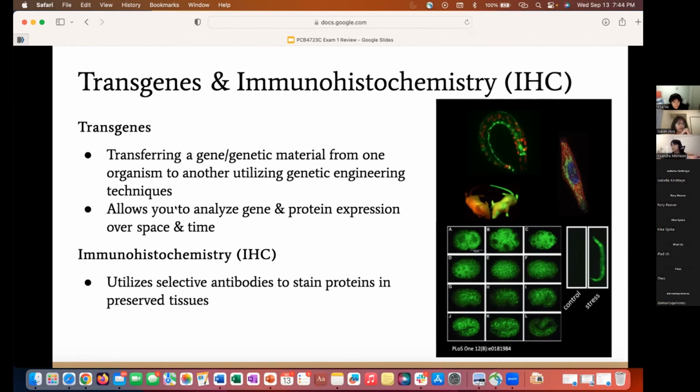Both transgenes and immunohistochemistry work in congruence to help us analyze gene and protein expression over space and time. What I mean by that is that this approach will show you where a gene is expressed or how gene and protein expression changes as an organism is developing, as shown in the picture on the right side. So next slide, please.